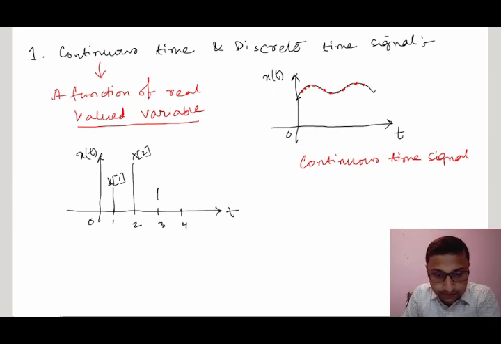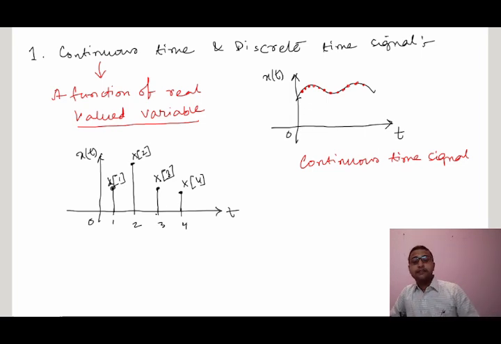At the point 3, suppose the magnitude is x3. At the point 4, the value is x4. That means the signal is not continuous. It has discrete points, and each and every discrete point is called a sample.